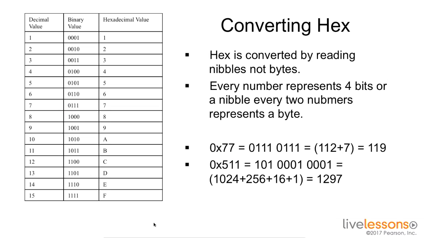Let's try a different set of numbers. I'm going to ignore the 0x and pay attention to the 511. So as you can see, 1 is represented by the binary value of 0001. So I take the first one and I start on the right hand side and I put 0001.